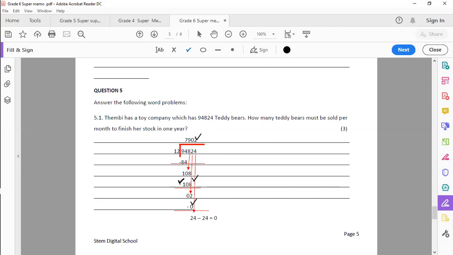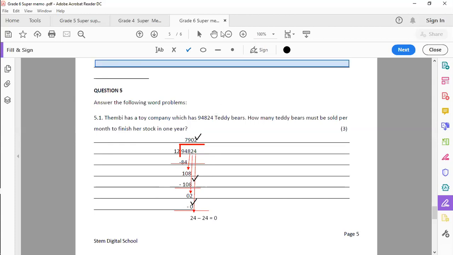Bring down the 4. 12 into 24 goes 2 times, because 24 is a multiple of 12. 2 times 12 is 24. 24 minus 24 is 0. So for her to finish her stock in a year, she must sell 7,902 teddy bears. Most marks came on the process and the correct quotient.